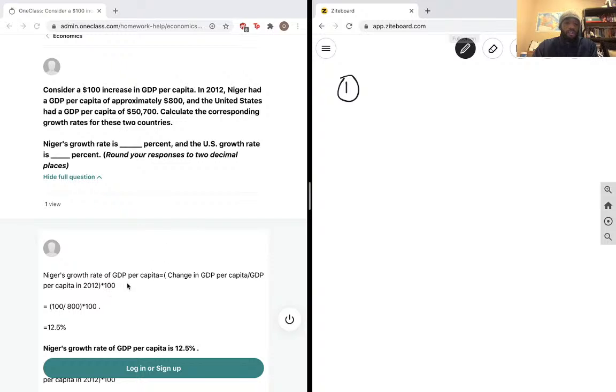Niger's growth rate per capita equals a change in GDP per capita over GDP per capita in 2012 multiplied by 100. And that was just 100 over 800.